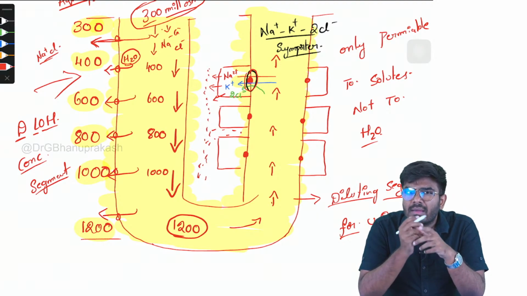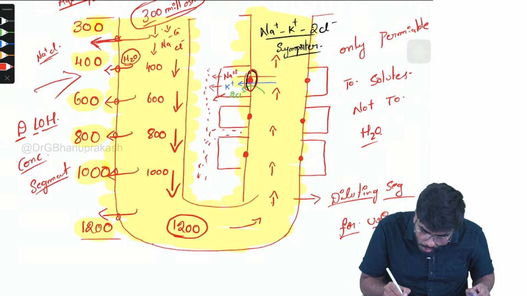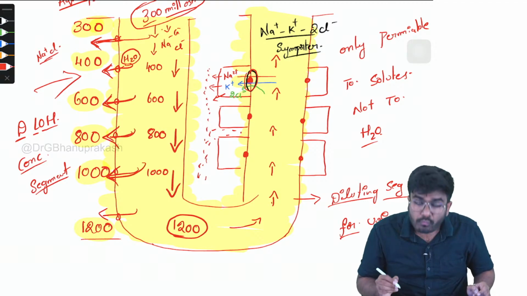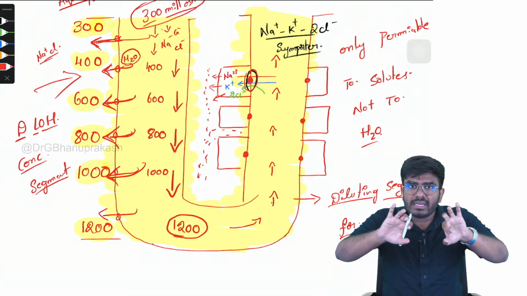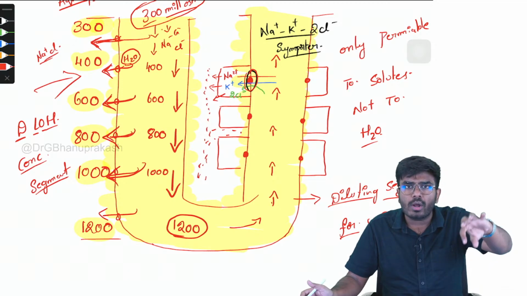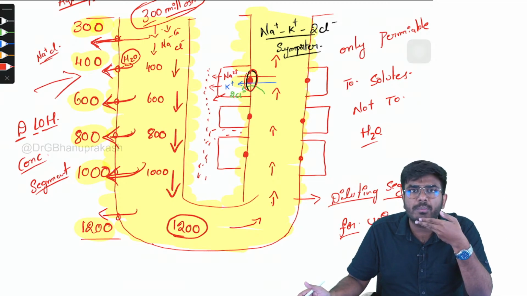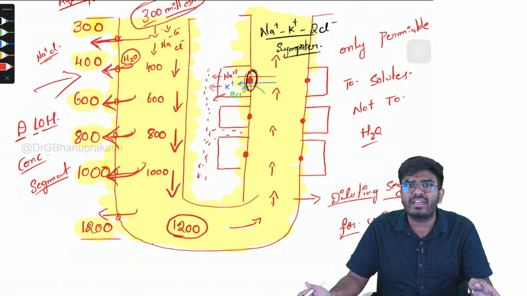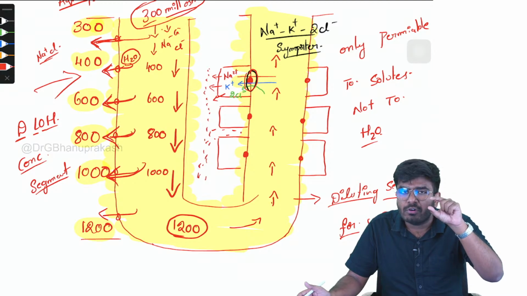But from the descending limb of loop of Henle, water is getting reabsorbed. Water is coming into the medullary interstitium. So, if you are putting more and more water into the medullary interstitium, what happens? All the solutes will be washed away, right? Washed away.